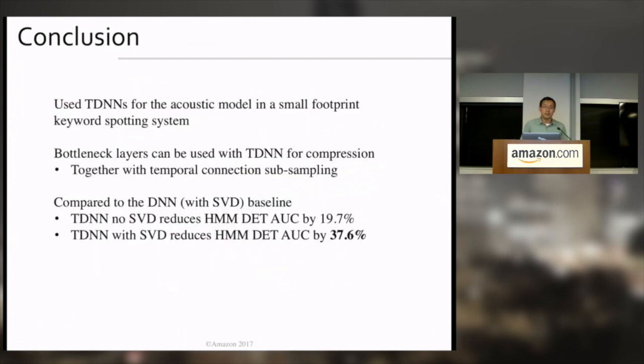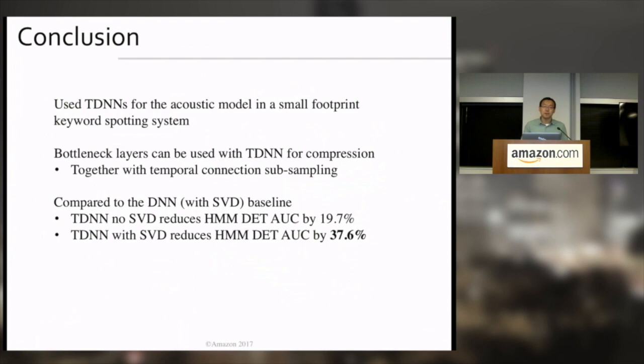To conclude, here we talked about how to use the TDNs as acoustic models to couple with an HMM-based small footprint keyword spotting system. We propose to insert linear bottleneck layers into the TDN architecture, and together with the temporal connection subsampling, we are able to significantly reduce the complexity of the TDN system and make it run really fast on the device.